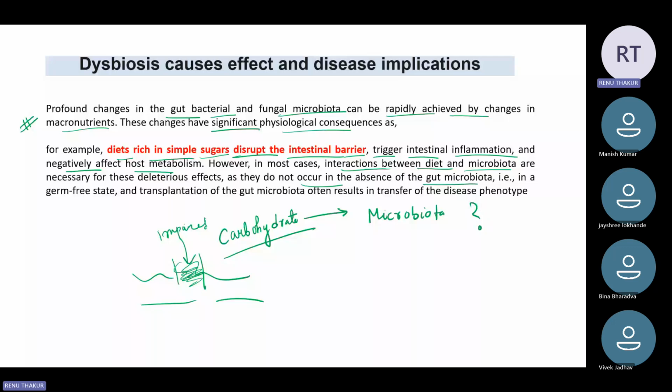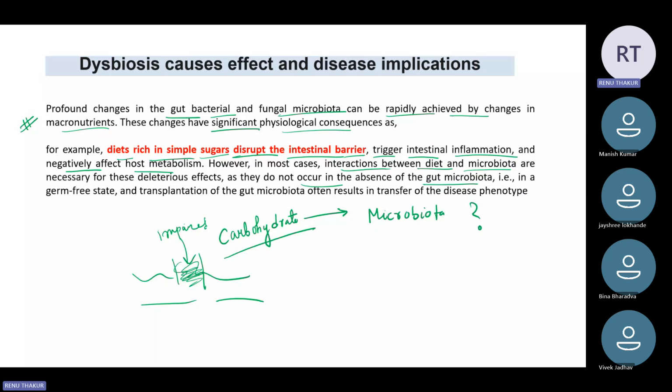Because if we talk about the comparison with a germ-free state, it means a sterile state, mice who do not have any kind of gut microbiota, so they show an absence of any kind of infection and inflammatory molecules.